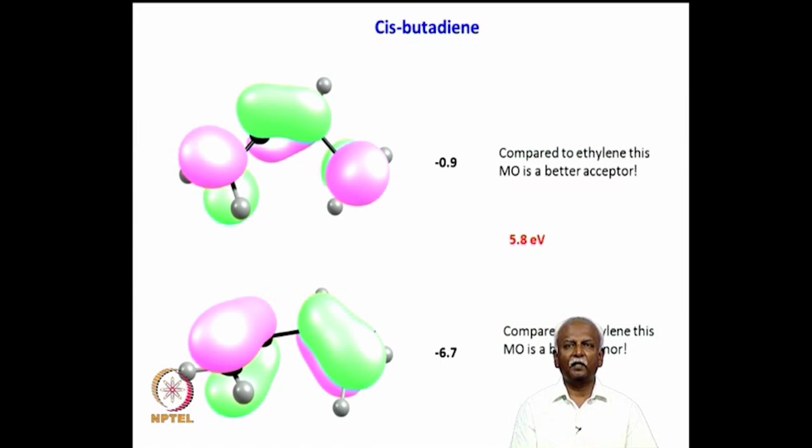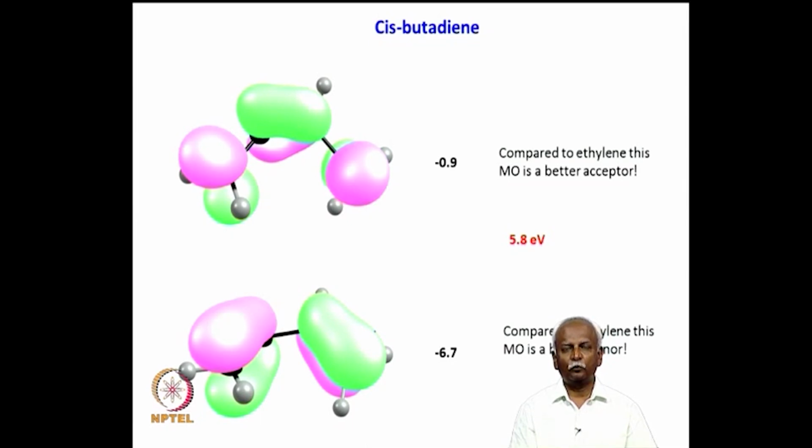In principle then, as you go on from ethylene to butadiene to a triene, you will keep increasing the donor capacity of the ene, and you will increase the acceptor capacity also at the same time. So, it will lead to much better bonding, not just a matter of interacting two parts of the ligand with a metal.